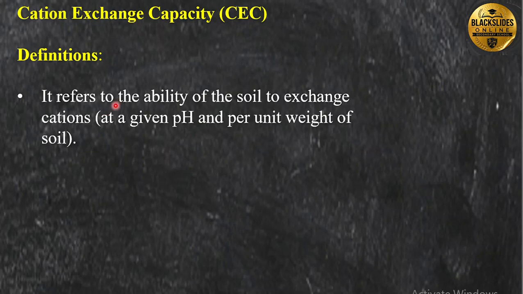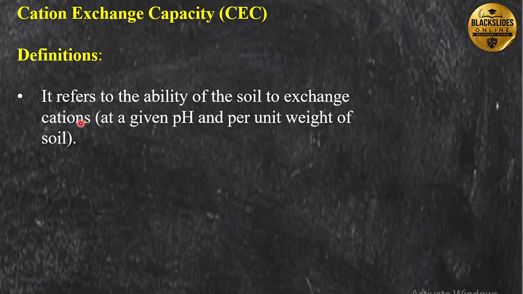So it's the ability of the soil either to release or to absorb cations. Remember what cations are. Cations are positively charged ions such as calcium ions, ammonium ions, magnesium ions, sodium ions, potassium ions, and many others.